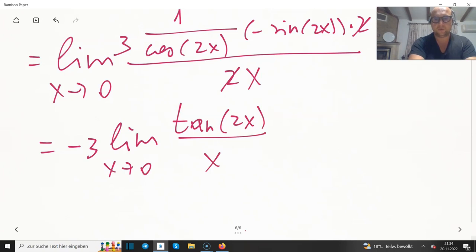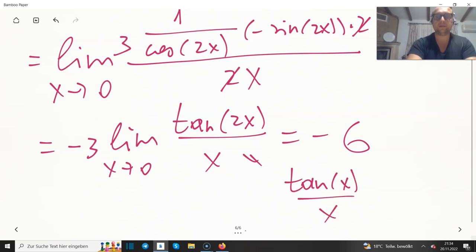And we proved that the tangent of x divided by x is actually behaving the same as sine of x divided by x, so it's 1. And since we have tangent of 2x, it's just 2. So this is minus 6. All right. Okay, once again, since tan of x divided by x, if x is running towards 0, is 1.